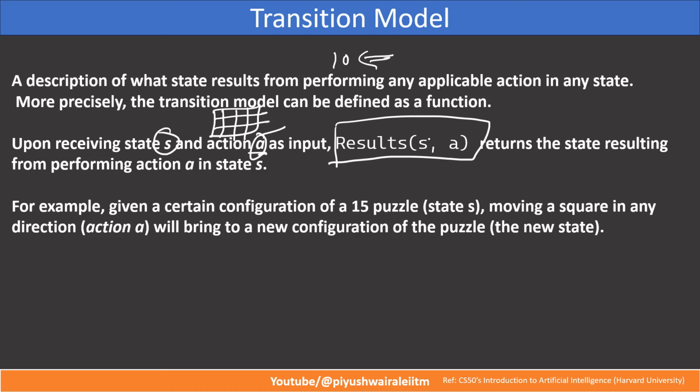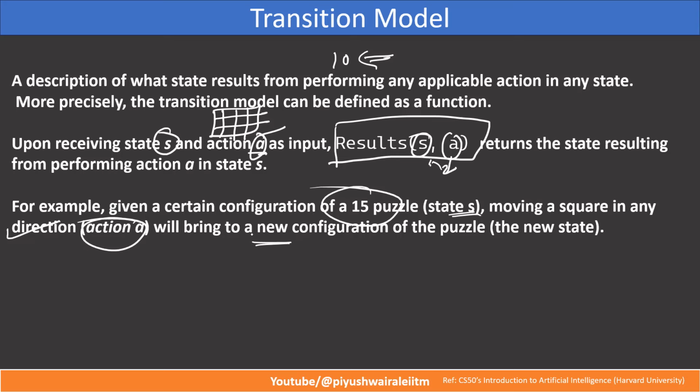S is my state and A is the possible action that I am going to do on this state, and I get a completely new state. That is basically a transition model. For example, given a configuration of the 15 puzzle, state S, moving a square in any direction, action A, brings a new configuration of the puzzle. The whole process can be considered a transition model. I hope you understand what the transition model is.